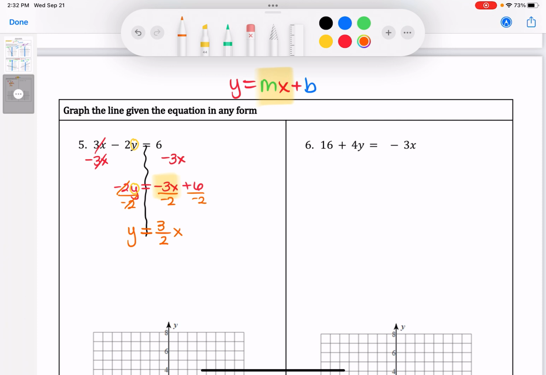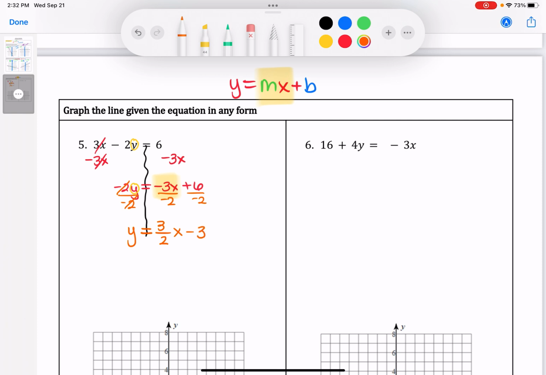So anything like that, I'm going to shove to the front of the x, and the x comes alone, right? So if there's any denominator or numerator, everything's going to get pushed to the front of the x, and then the x will be by itself right afterwards. So I have y equals 3 over 2x, or 3 halves x. And then 6 divided by negative 2 is negative 3.